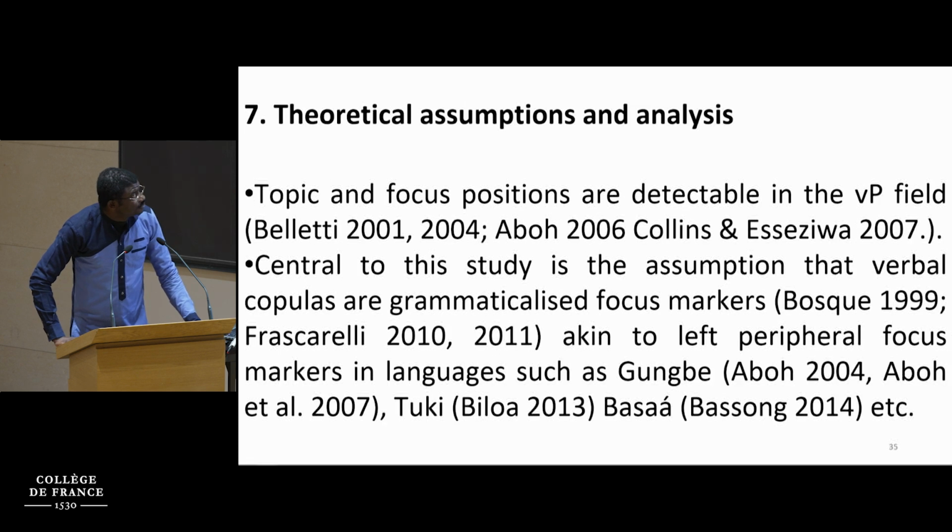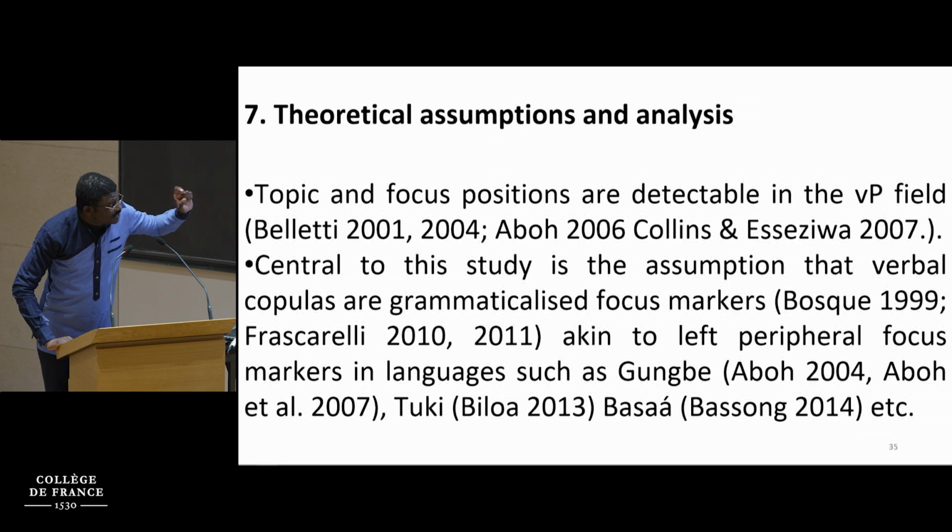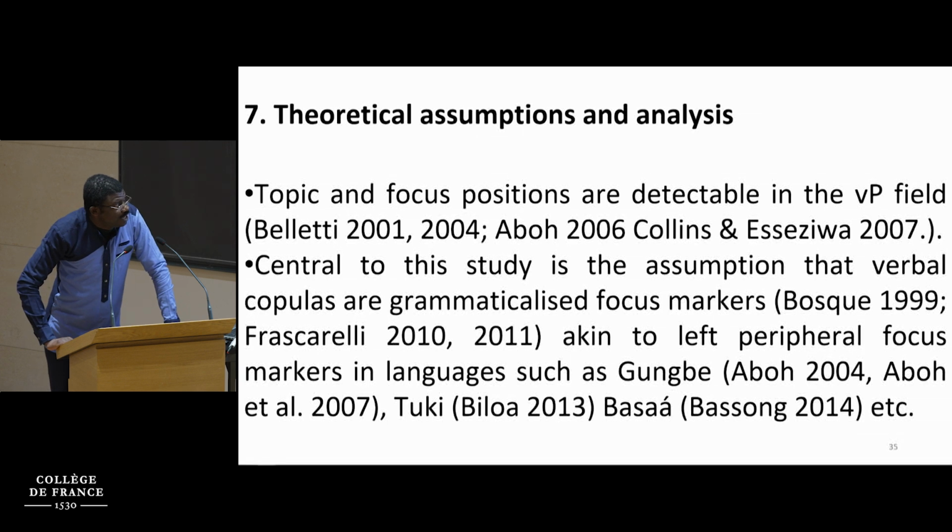I will adopt the following theoretical assumptions. The first assumption has to do with Adriana's proposals and the related work that indicate that it is possible to have topic and focus position in the VP periphery, but what is central to this analysis is that we assume that the copulas in this focus construction are grammaticalized focus markers.